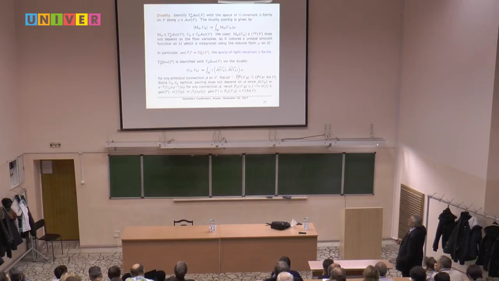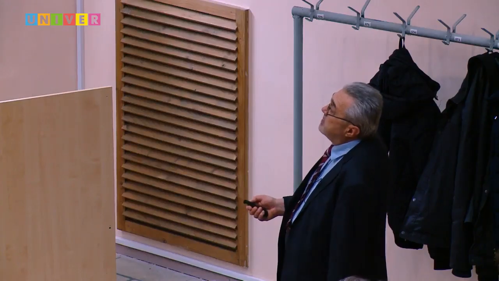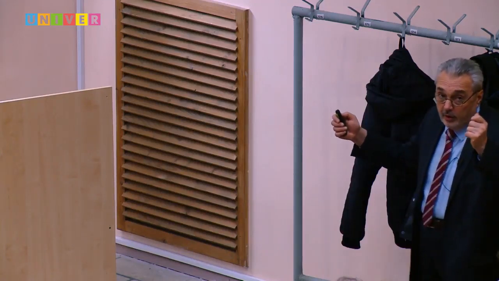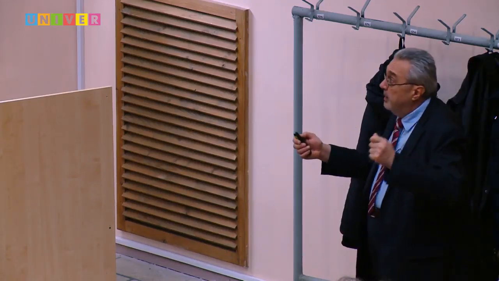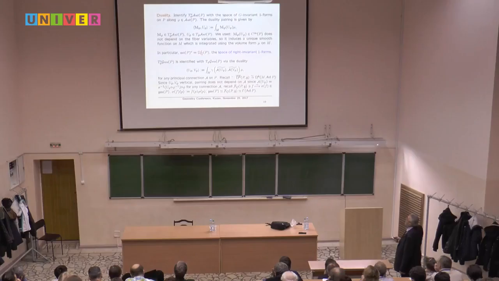So these are vertical and the pairing does not depend on A because A of U phi is given in this fashion, where the sigma was exactly this isomorphism that I told you before. I showed you three isomorphisms, one of them being with the gauge Lie algebra. So the point is that I lift it, and then I can integrate. The point is that I have a duality pairing here also.